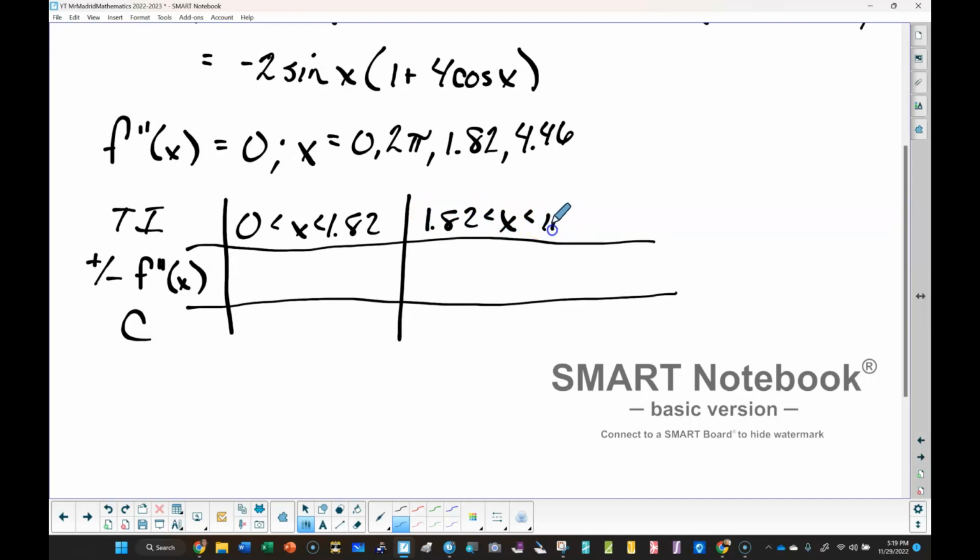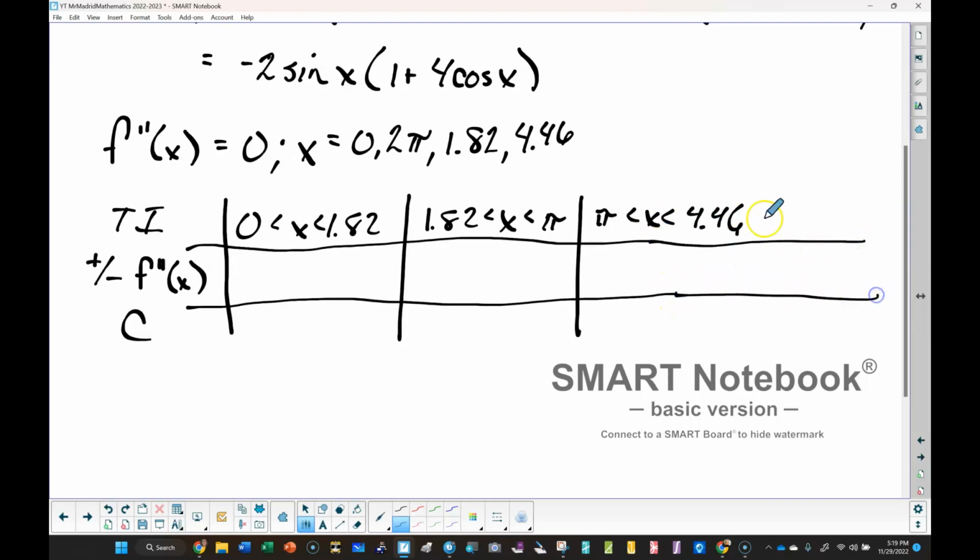And then we'll get to pi. We'll go from 1.82 to pi, then pi to 4.46, and lastly 4.46 to 2 pi.